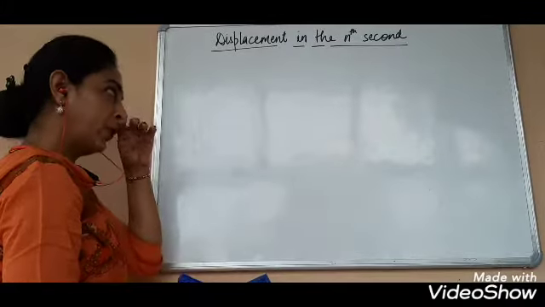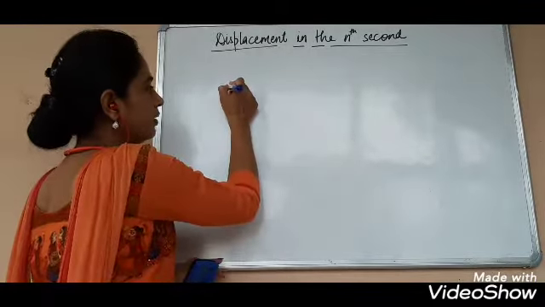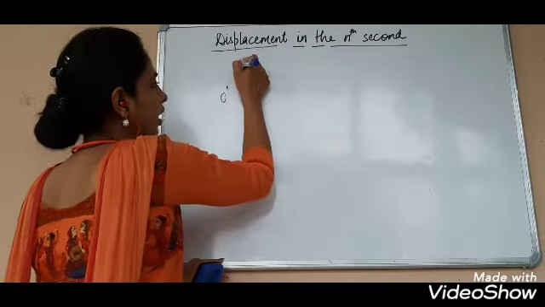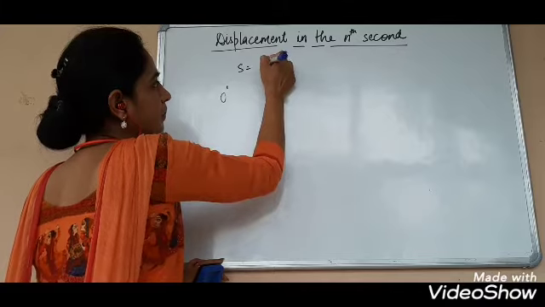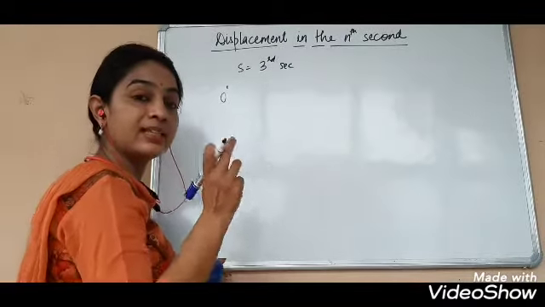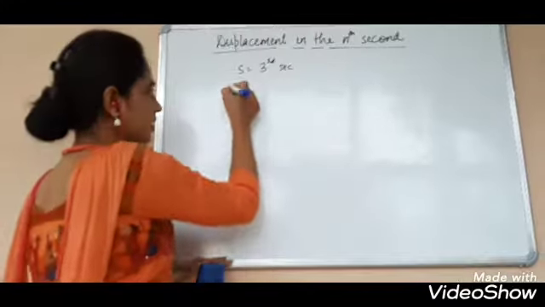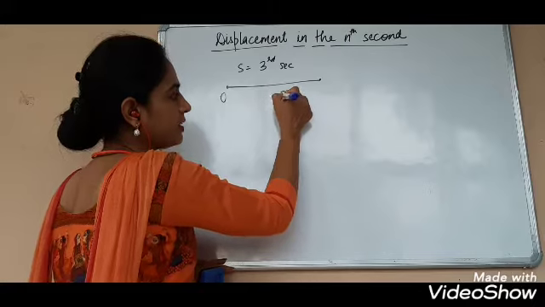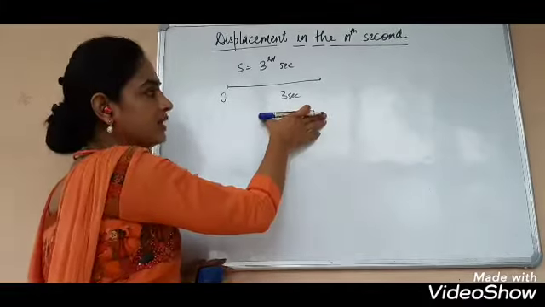Today we are studying how to find displacement in the nth second. So for example, the body started from the origin, and you have to find the displacement in exactly the third second. We always measure displacement like the displacement of the body in 3 seconds.